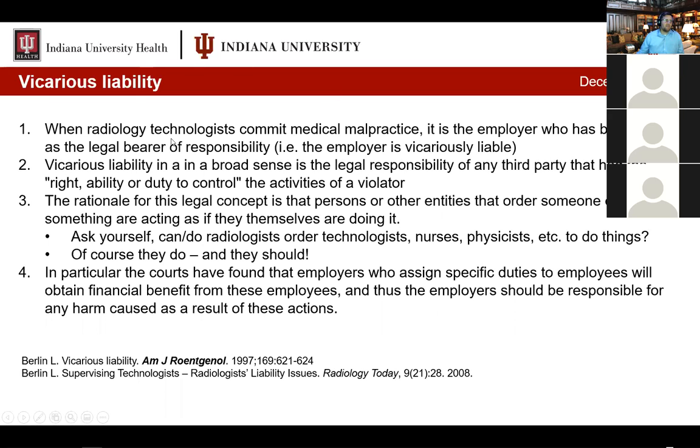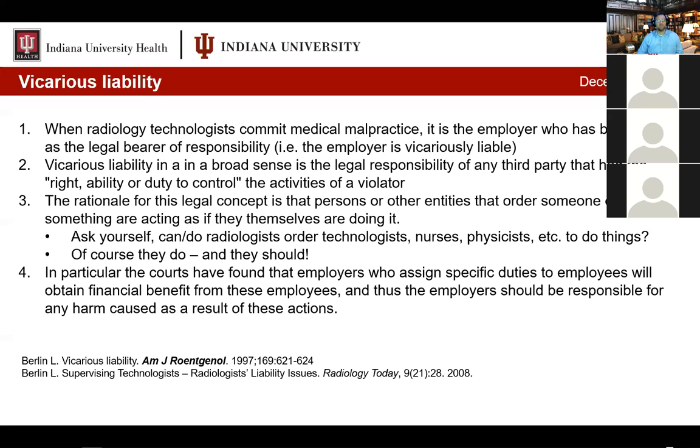However, vicarious liability in a broad sense is the legal responsibility of any third party that had the right, ability, or duty to control the activities of a violator. And this is where captain of the ship doctrine comes into play in the medical setting. The rationale for this legal concept is that persons or other entities that order someone else to do something are acting as if they themselves are doing it.